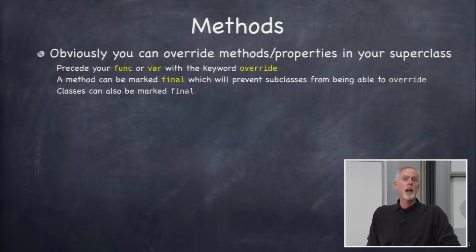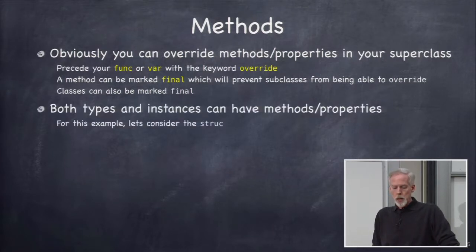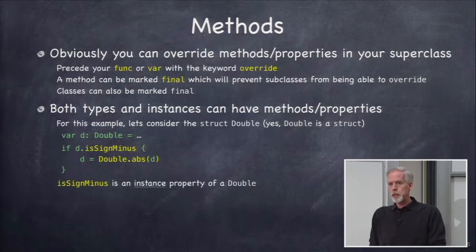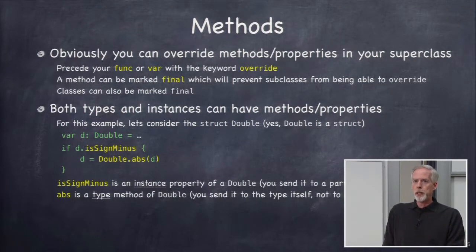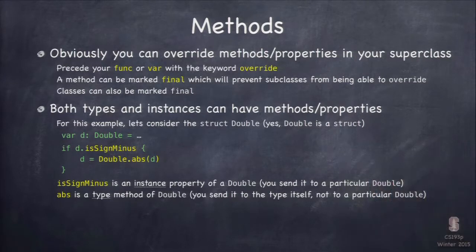You can also mark an entire class final, which means this is the end of the line. You can't do any subclasses of it, basically, okay? Both types and instances have methods and properties. So a type is like array, that's the type. An instance of an array is an actual array with things in it, okay?